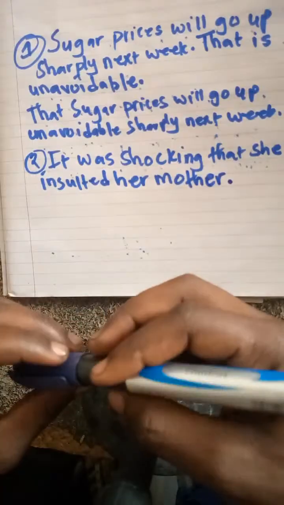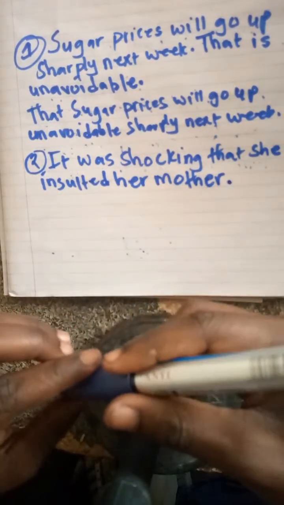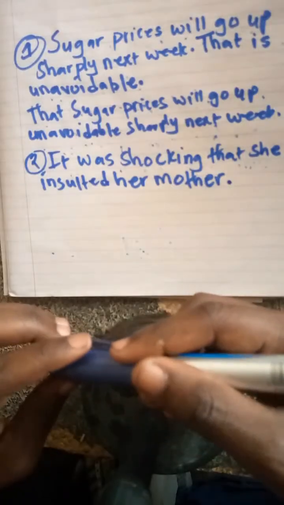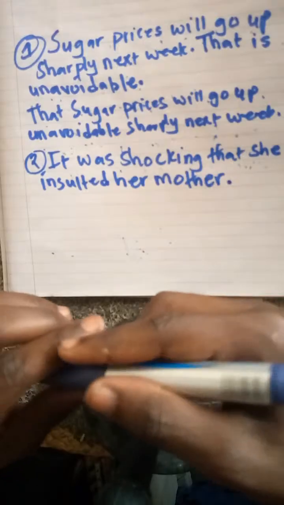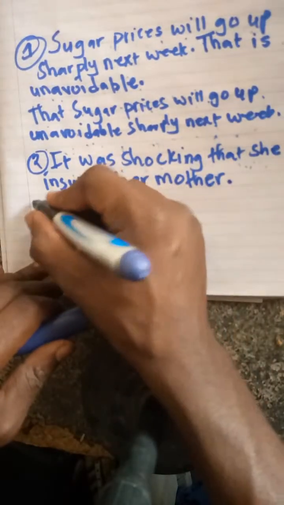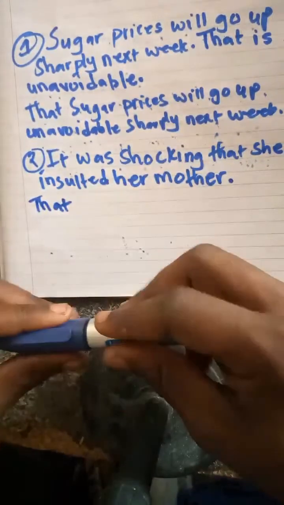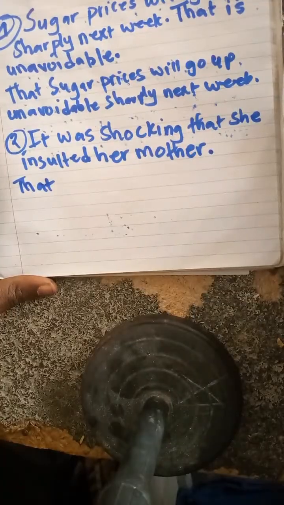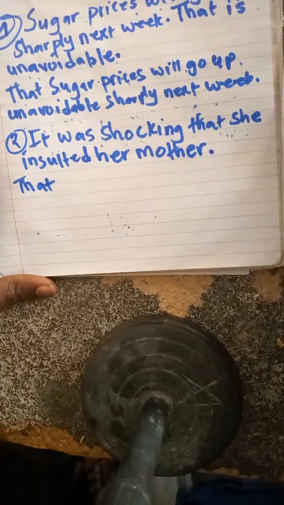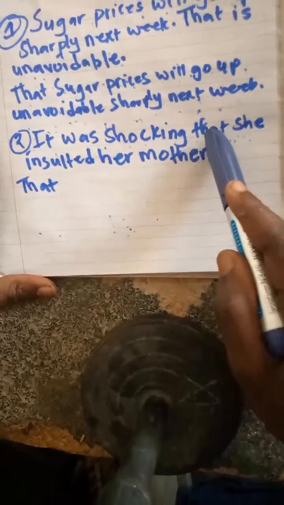It was shocking that she insulted her mother. Begin that. Who can try this one? You are lucky, even that is already in the sentence.